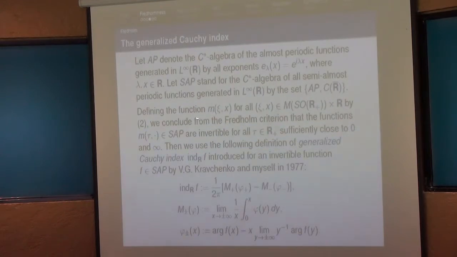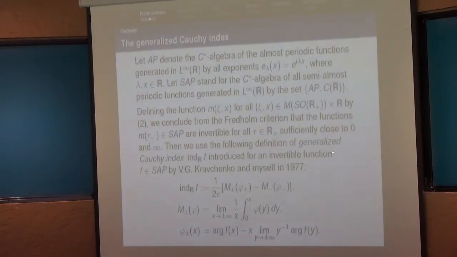Defining this function as before, and such a set, we conclude that the Fredholm criterion for this function, if we fix tau and consider it with respect to the dual variable, is that these are semi-almost periodic functions. These functions are invertible for all points tau in the positive half line sufficiently close to endpoints 0 and infinity.